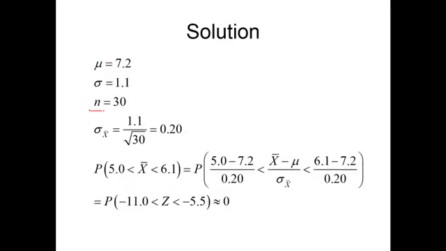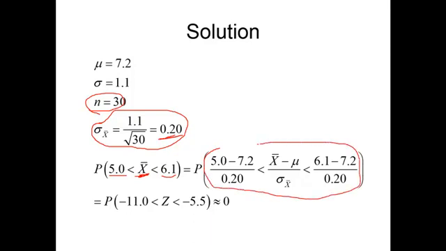Again, a sample of size 30. This changes the standard deviation of the sample mean. Taking a sample reduces it tremendously, to standard deviation 0.2. What's the probability that the average he gets is going to be between 5.0 and 6.1? Well, you take the z-score, and you get a weird event.